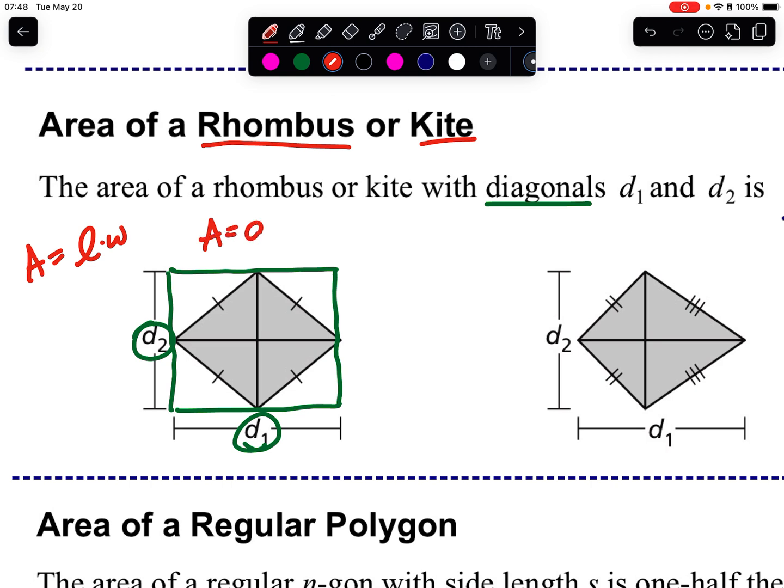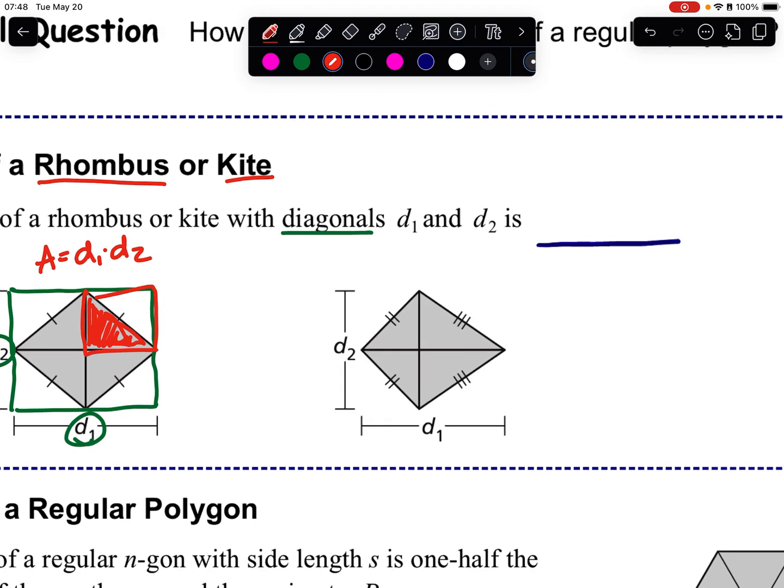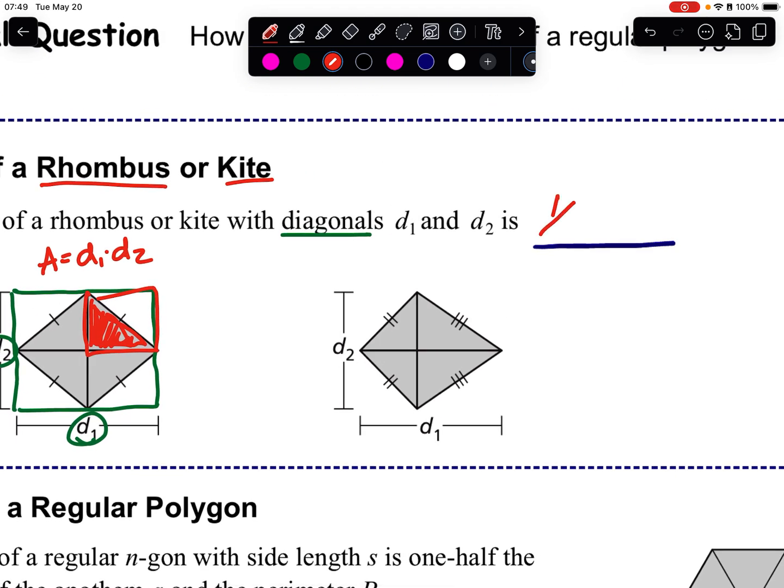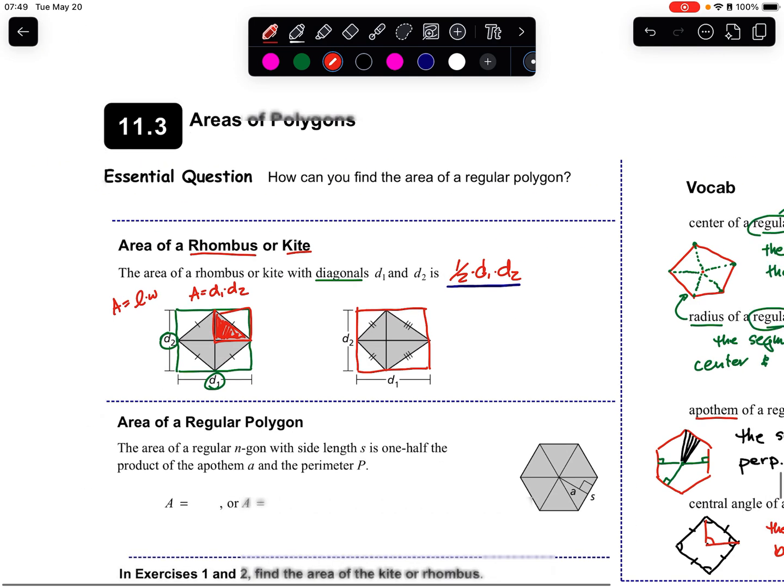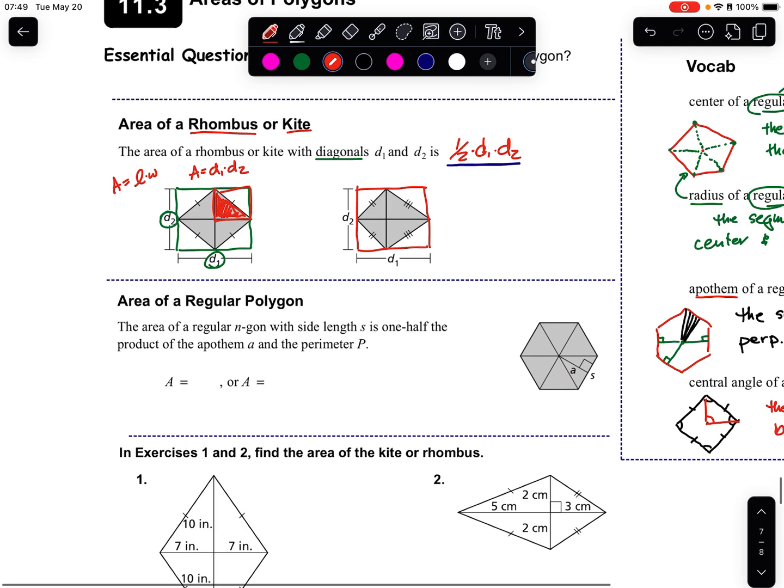So the area of that rectangle would be D1 times D2. Each of these triangles measures half of the little box that it encompasses. So that's why the area formula is 1/2 times your two diagonals. And that works regardless of whichever rhombus or kite you're working with.